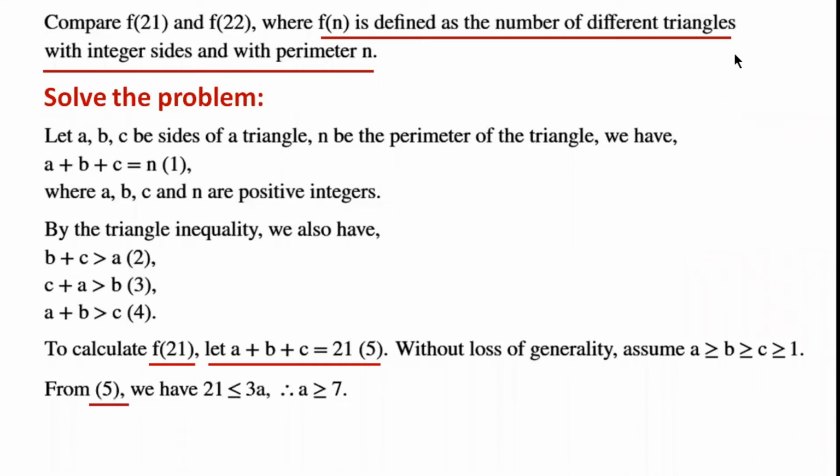From equation 5, we have 21 ≤ 3a, so a ≥ 7.